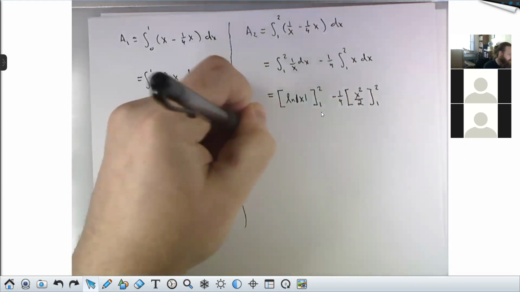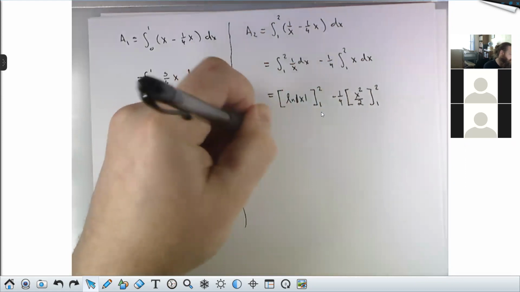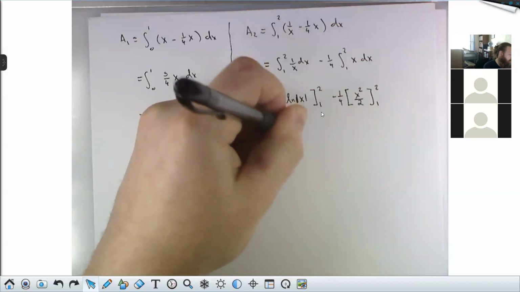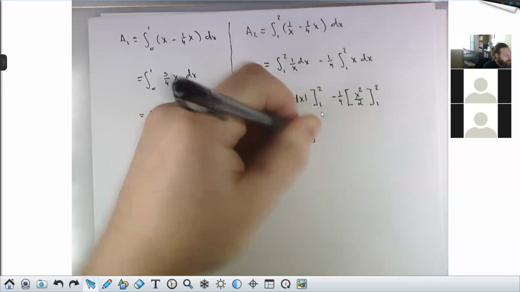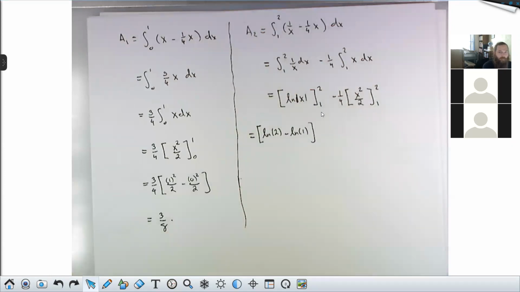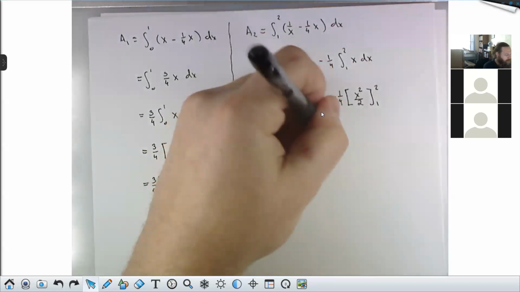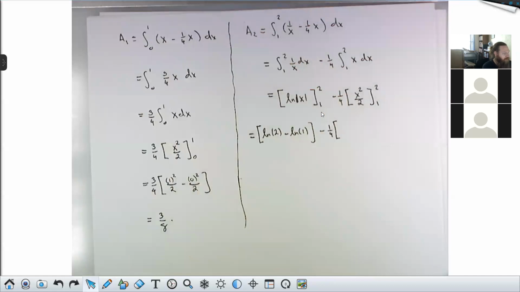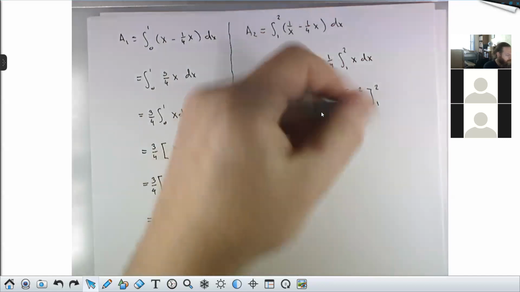I'm not writing the absolute values because both 2 and 1 are positive. So the absolute value of those things is just those things. And I have minus 1/4 bracket 2 squared over 2 minus 1 squared over 2.